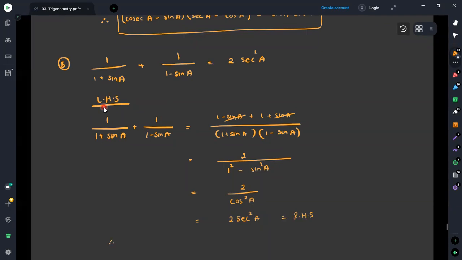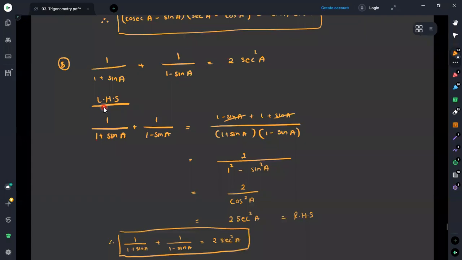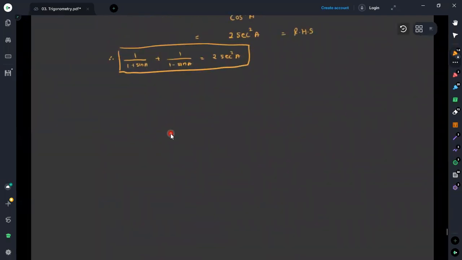Therefore, we can take this as 1 over 1 plus sine A plus 1 over 1 minus sine A. This is equal to 2 times sec squared A. Therefore, this is what we can consider as the addition of these two fractions, and prove the trigonometric identity as well.